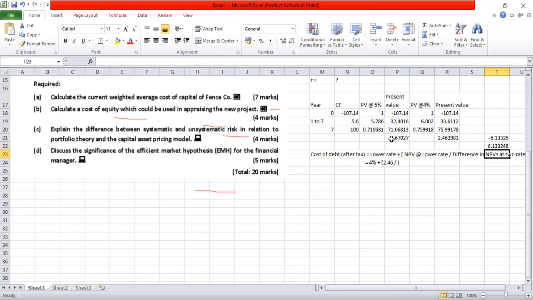But basically we are finding the difference. Only one thing we have to remember is we are not supposed to take the negative sign. It is only the difference between these two things, without the negative sign. Divided by 6.13. Okay, close this.